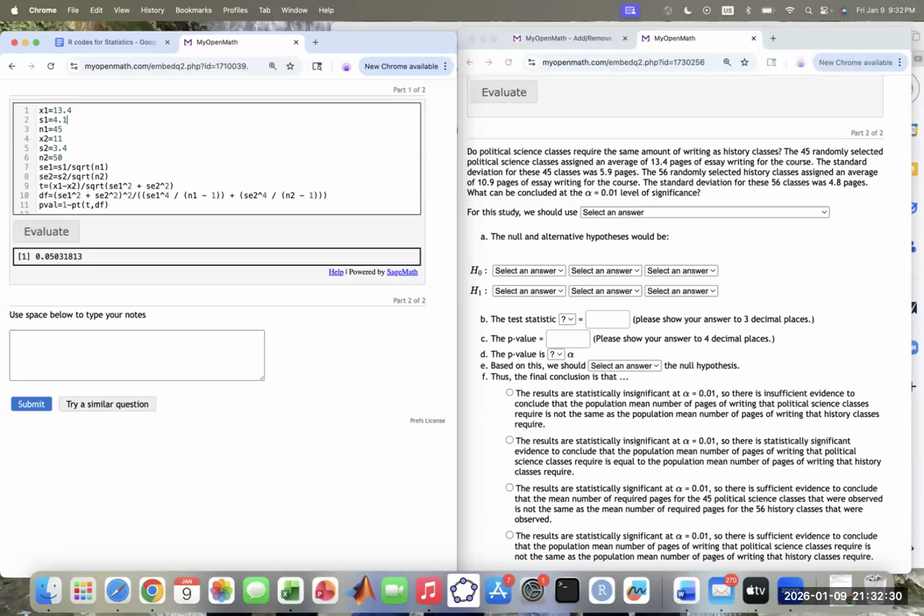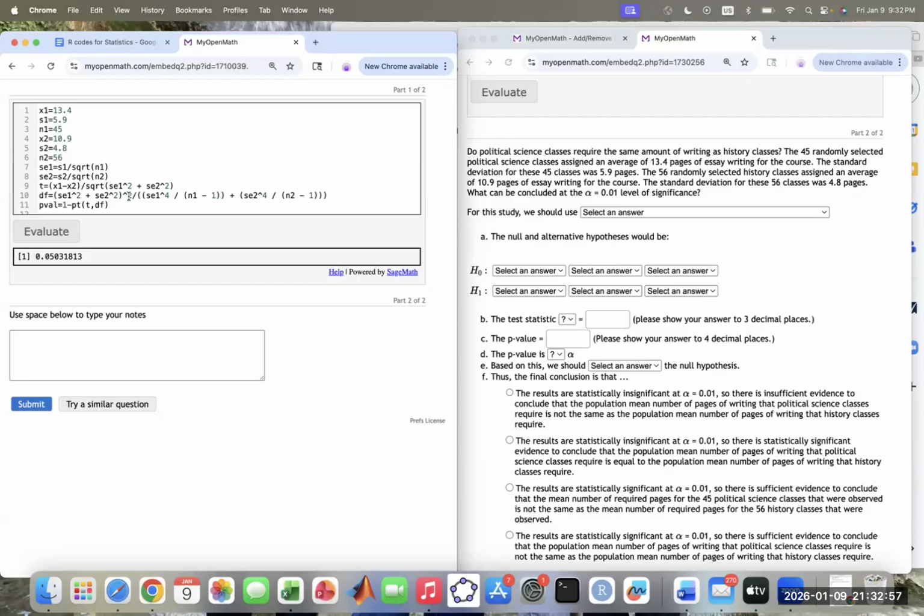S1 would be 5.9, and then group 2 would be 56, and then the mean would be 10.9, and S2 would be 4.8.